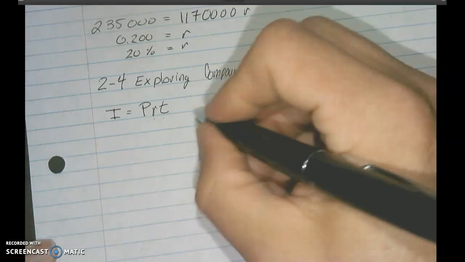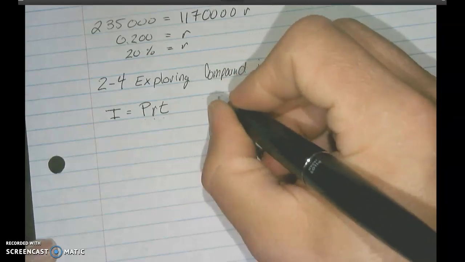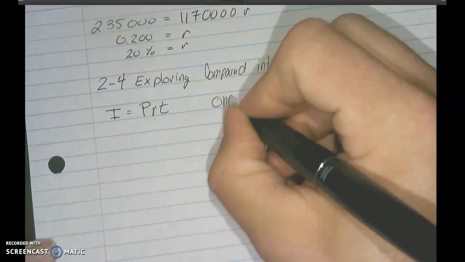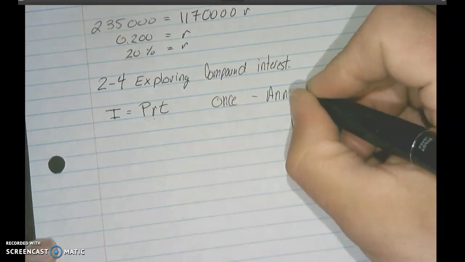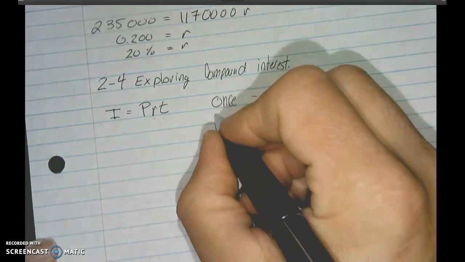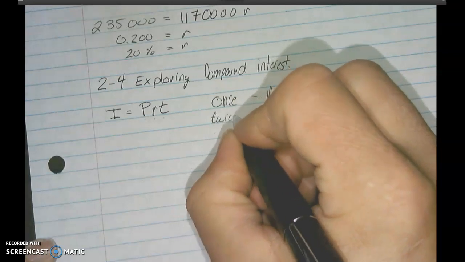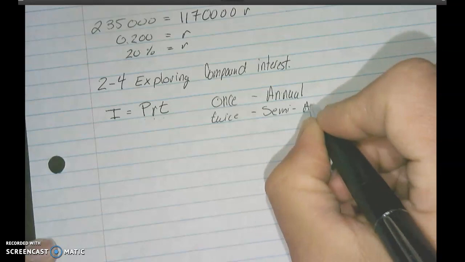Okay, so what we need to talk about a little bit is when things are compounded. If it's compounded once, that means that it's annual. You're going to do it once a year. Twice, that's your semi-annual.